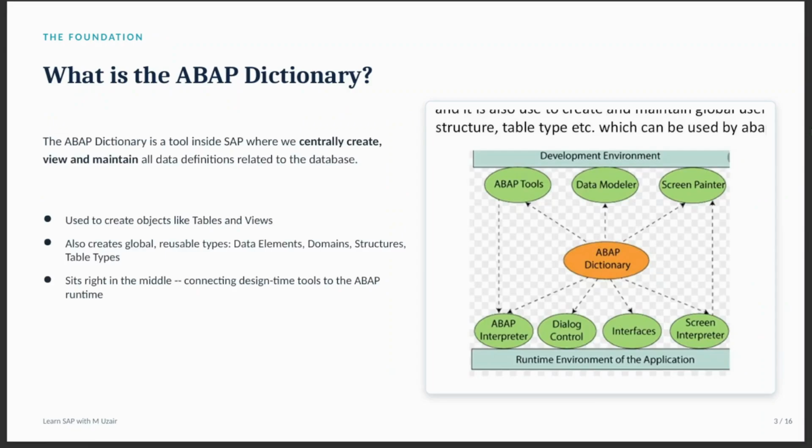Okay guys, the SAP ABAP dictionary is basically SAP's central library for data definitions. Anytime we need to describe what a piece of data looks like, its type, its length, its meaning, we do it here, one time, and then reuse it everywhere.